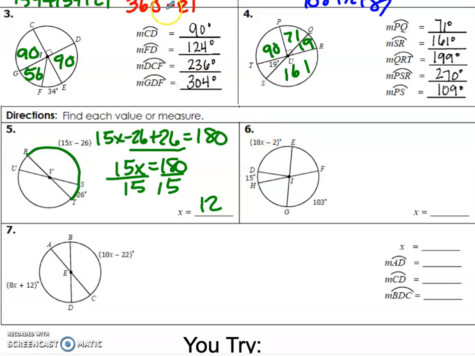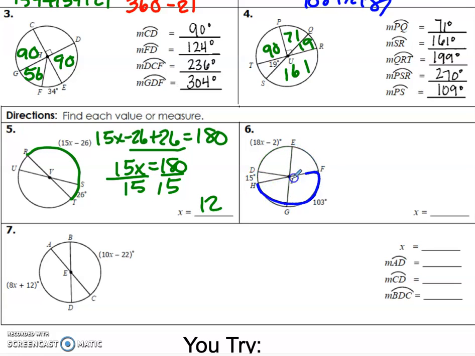Okay, 6 is a little bit trickier. To solve for x, you can either use your knowledge of this semicircle, or you can use your knowledge of this semicircle. But ultimately, I'm going to use another semicircle to figure out this missing piece or this missing piece. So I'm going to first start off with 103.